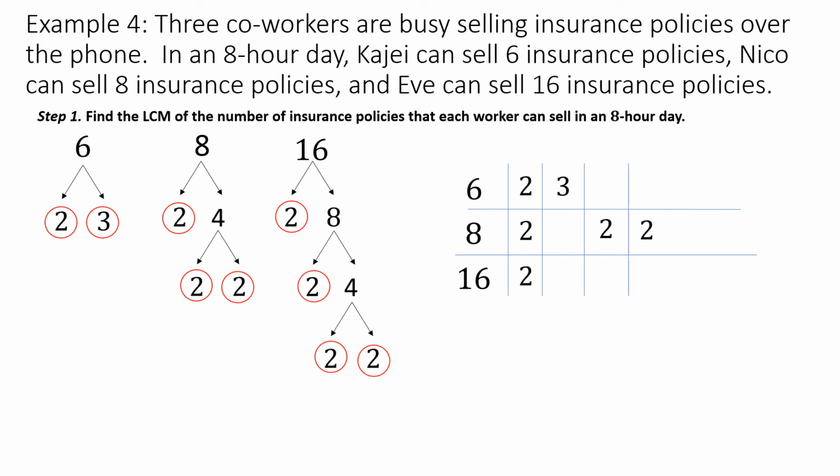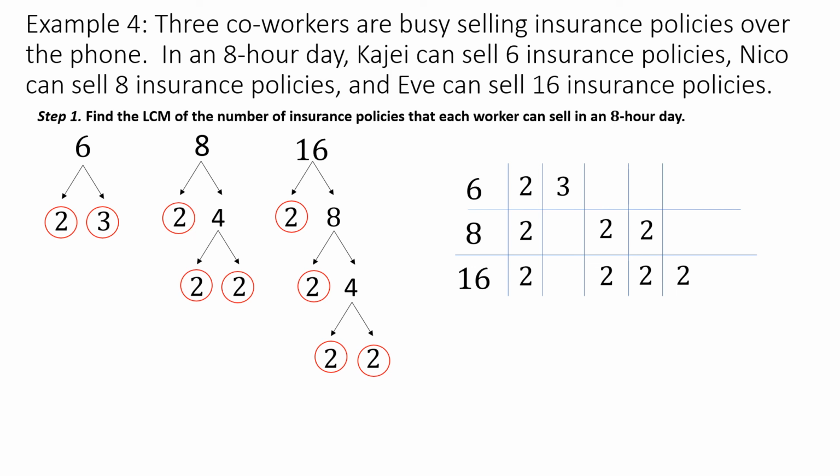And so since I have 2 already represented in my first column, I'm going to place it there, and I actually am able to place my other 2s below my 2s that were in my row for the primes of 8, but then I still have one more 2 left, and so I have to create another column for that final 2. And so now I have all my primes listed here for 6, 8, and 16.